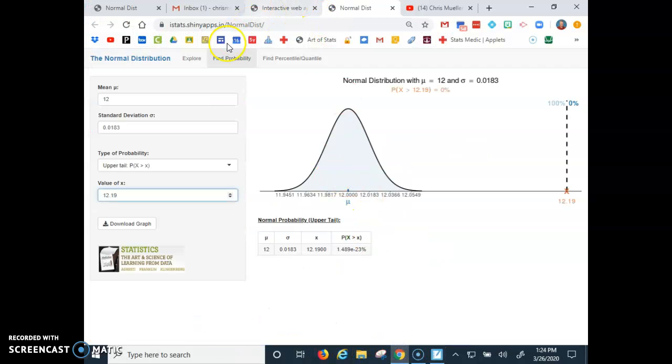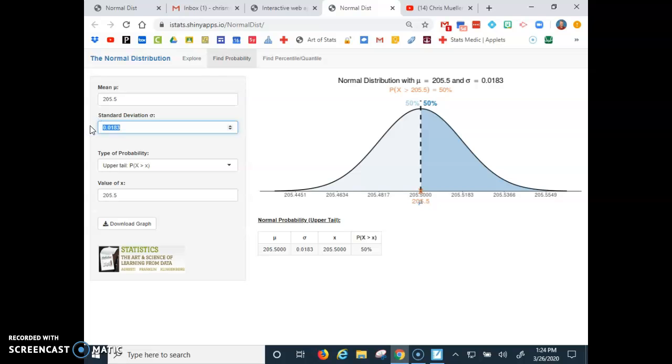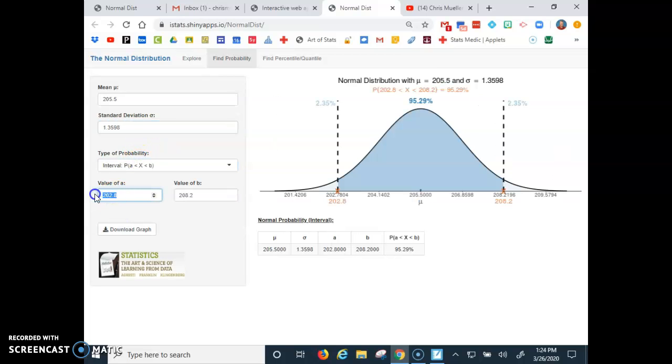Here we go. Here's our normal distribution. Again, the mean was 205.5 centimeters. The standard deviation this time was 1.3598. We're looking at between two values, and those two values are 204 and 206.